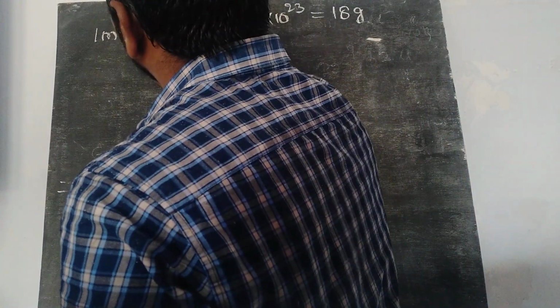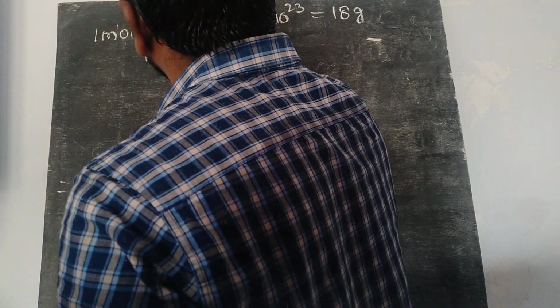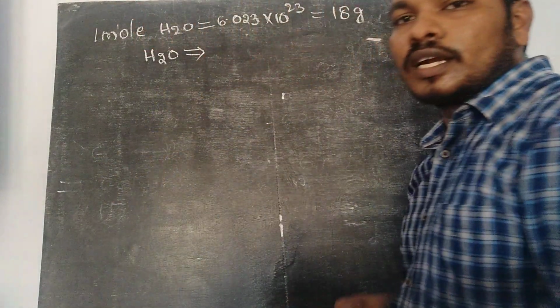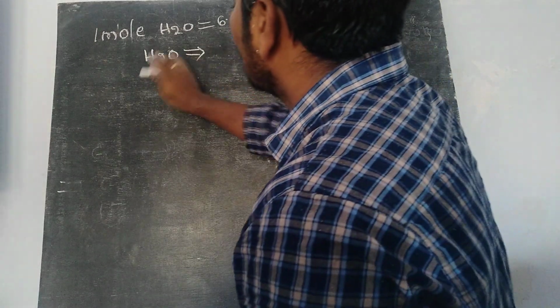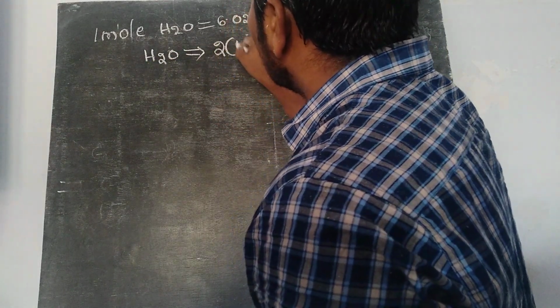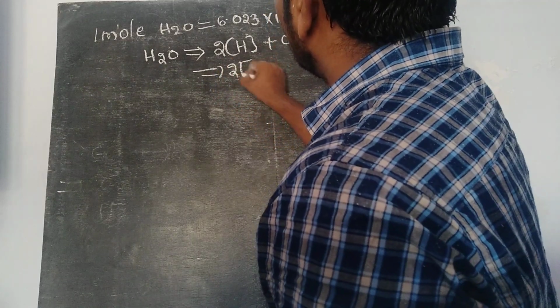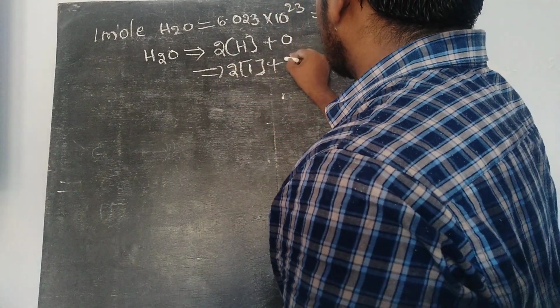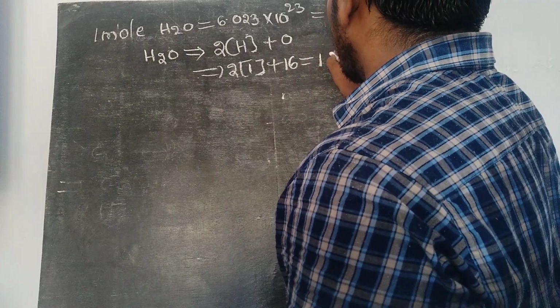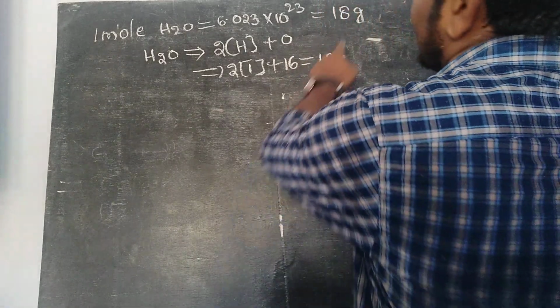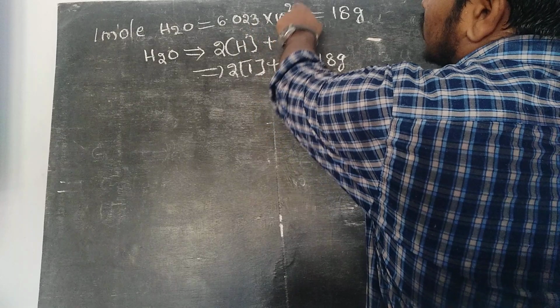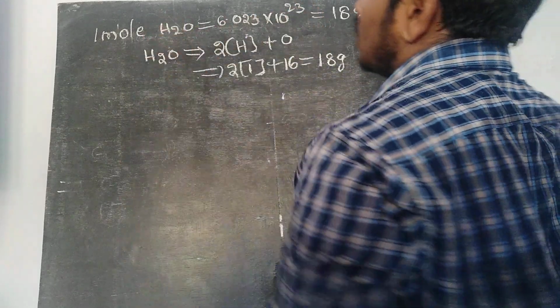You have to add all the atoms, then you can get the molecular mass. For example, H2O molecular mass, how can you calculate? 2H plus oxygen. So how many hydrogens? 2 times 1 plus oxygen 16, I have written 18 grams. So 18 grams is equal to 6.023 into 10 to the power of 23, which is 1 mole of H2O.